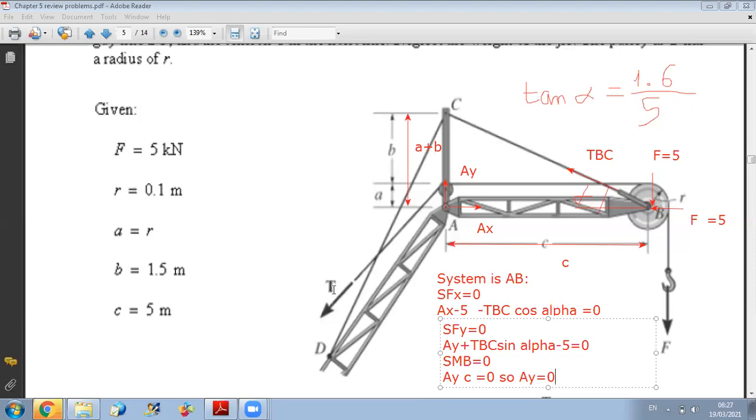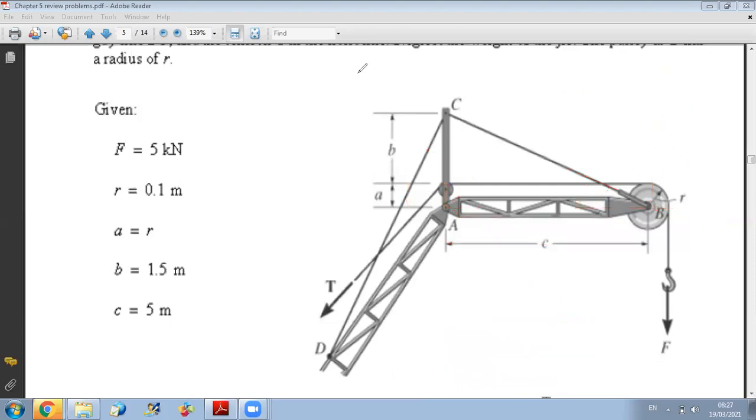Look, when you take a system and you want to determine the external forces, you should just look at the surroundings, what are the external forces on it. This is the system I considered. This small part here, and this.